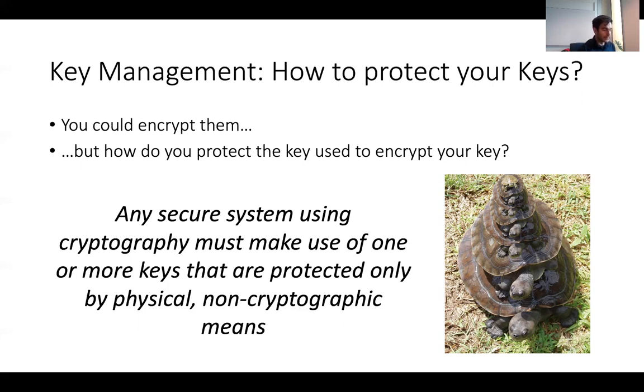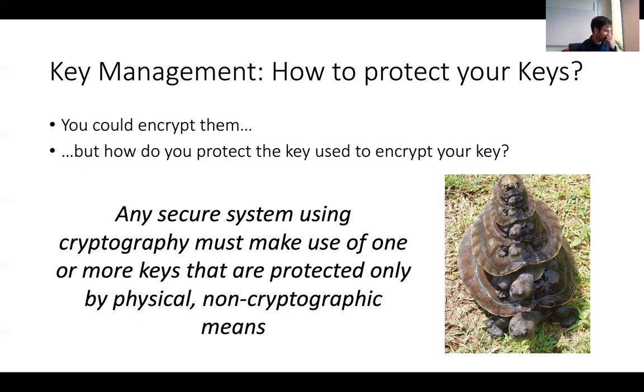And then we get to this fact that there is nothing to be done about, which is in bold here, and also in bold in the book, because it's really important to remember: any secure system using cryptography must at some point make use of one or more keys that are protected only by physical, non-cryptographic means.